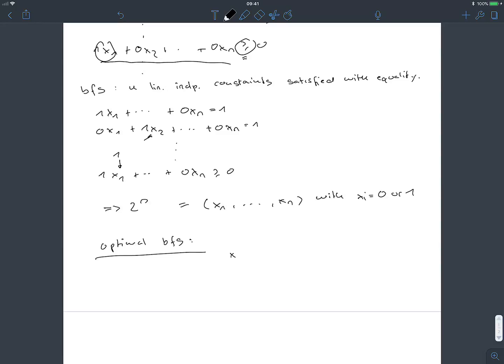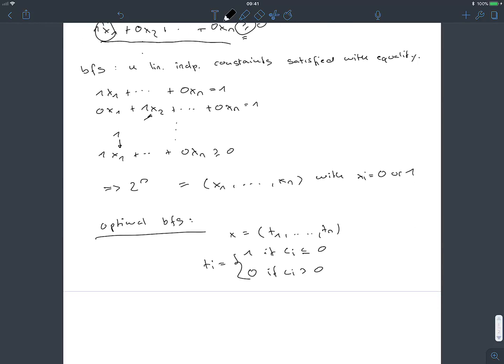x equal to t1 to tn, and ti is equal to 1 if ci is smaller or equal to 0, and it's 0 if ci is greater than 0, to get as low a solution as possible.